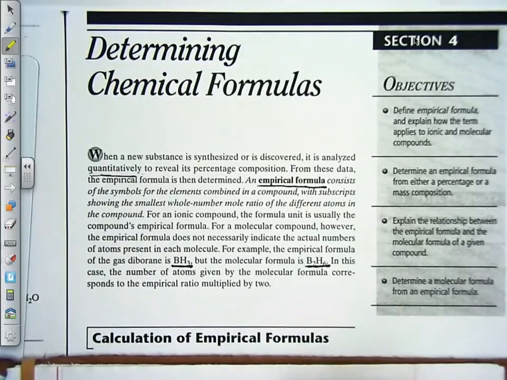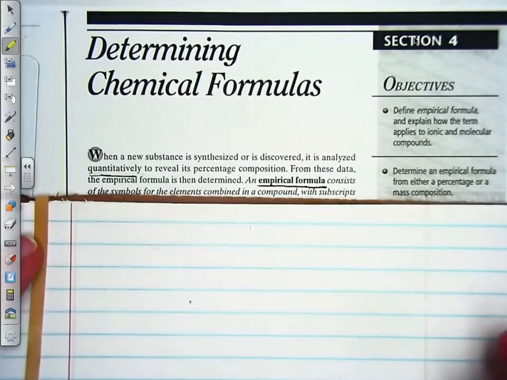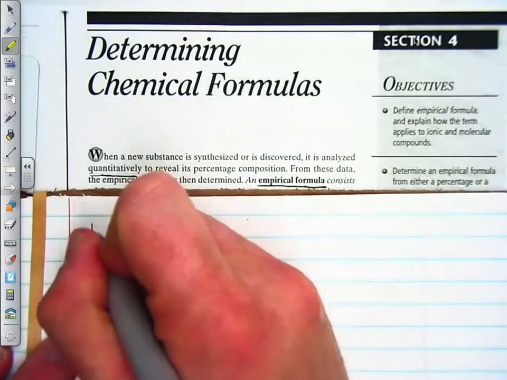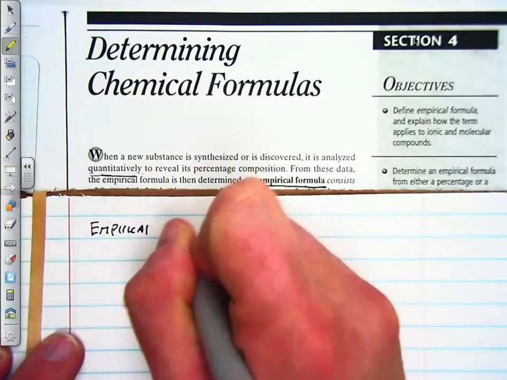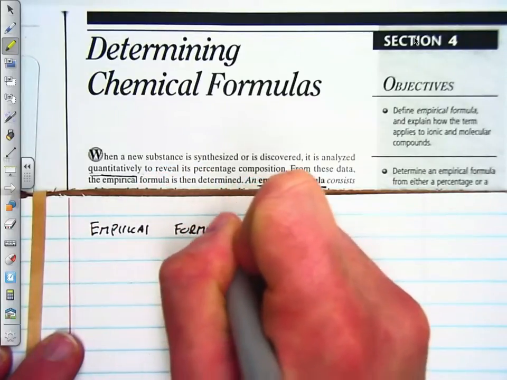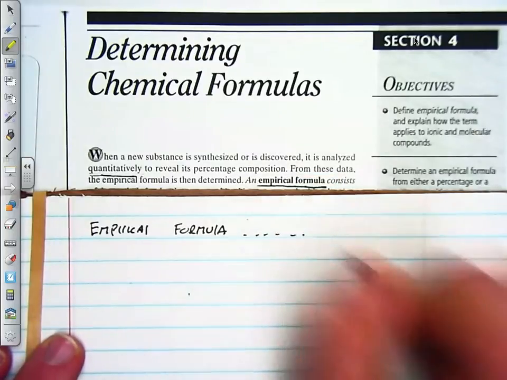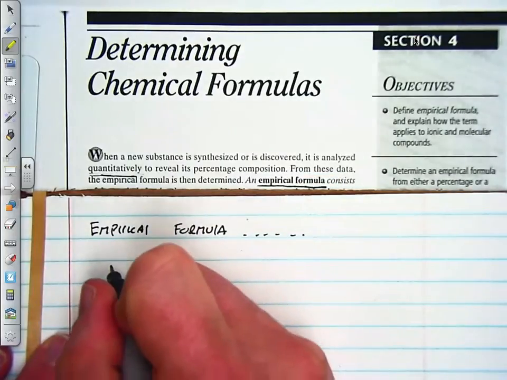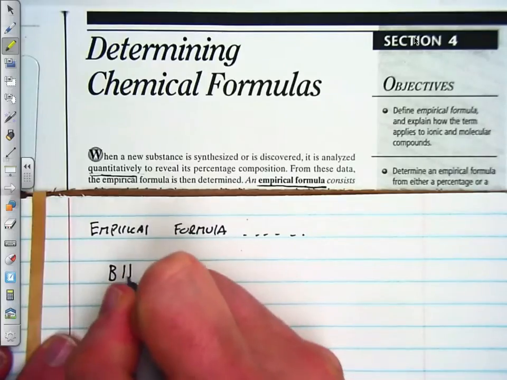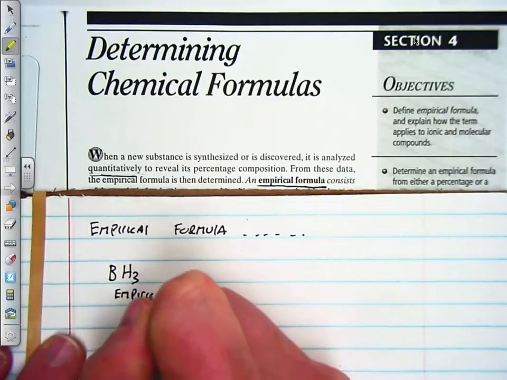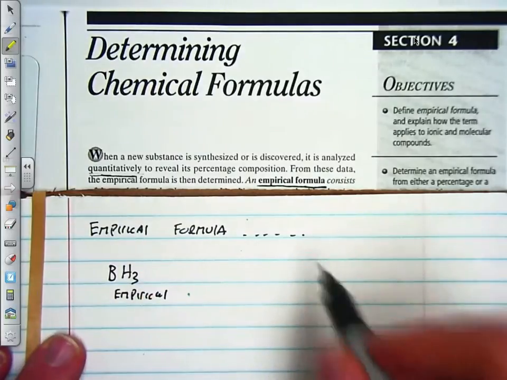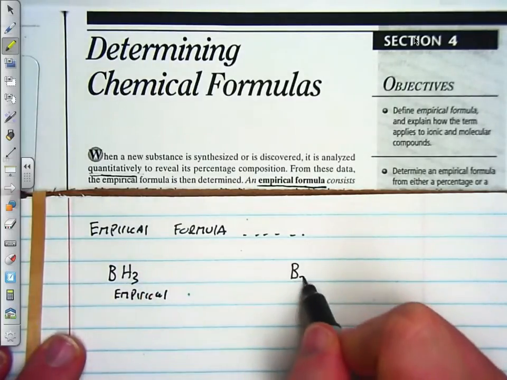In your notes, you might write something like this. And then here you'll write the definition, and then give yourself an example. Write down diborane, for example. Empirical, and the actual molecular formula here.